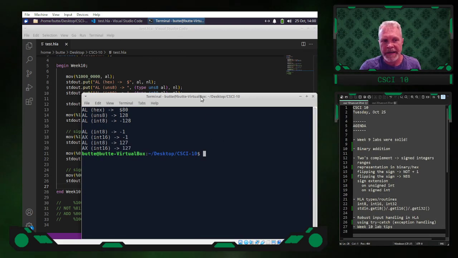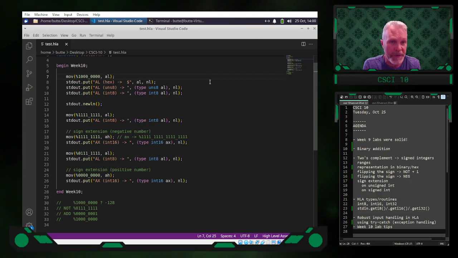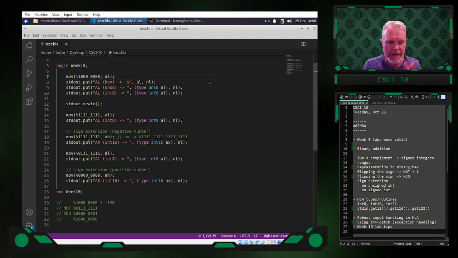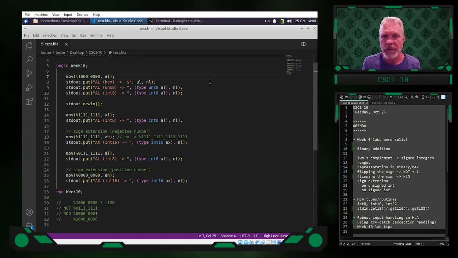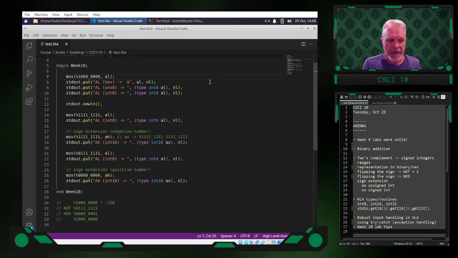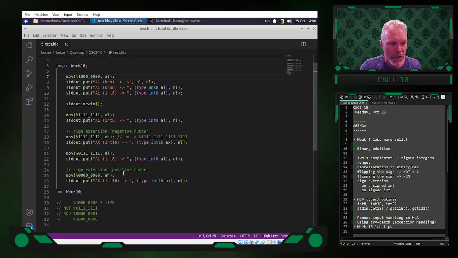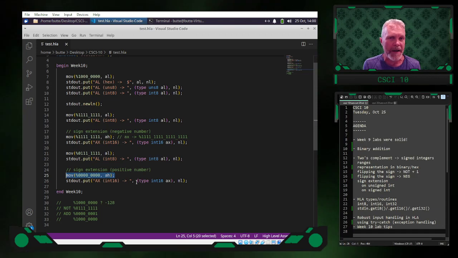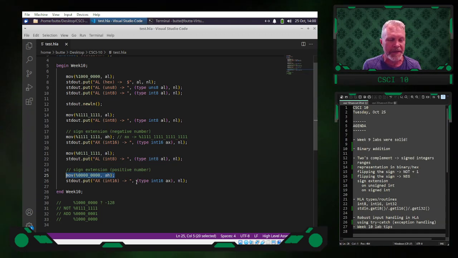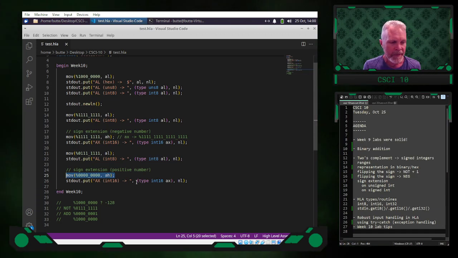So sign extension, we're going to deal with this more in the near future because we need to know how to do sign extension to do division with signed numbers. So we did sign extension when we did division with positive numbers. I just didn't call it that at the time because it would have been meaningless.